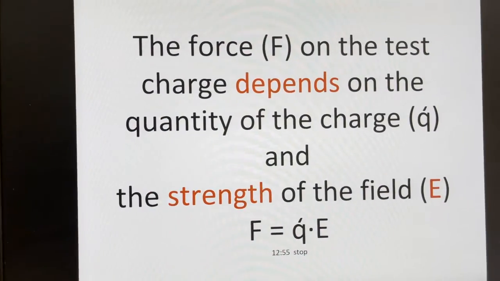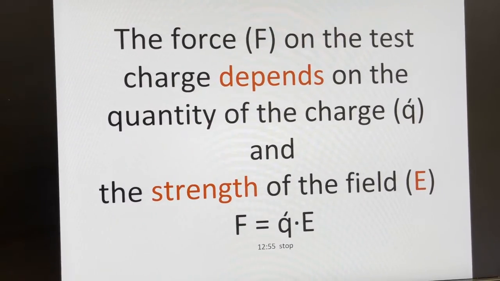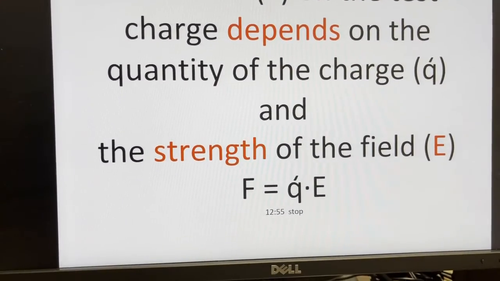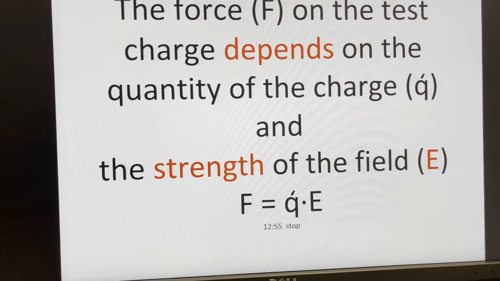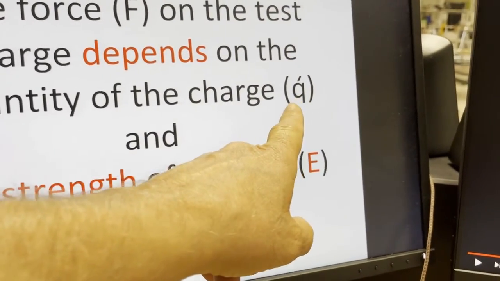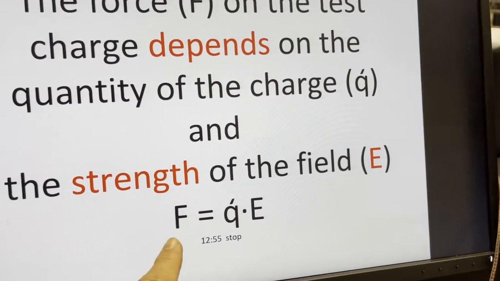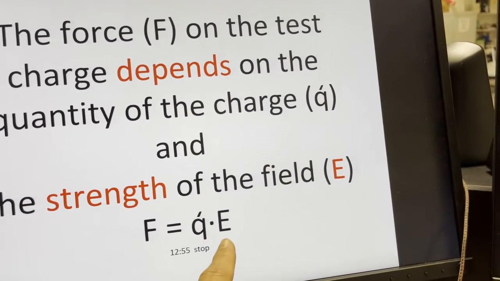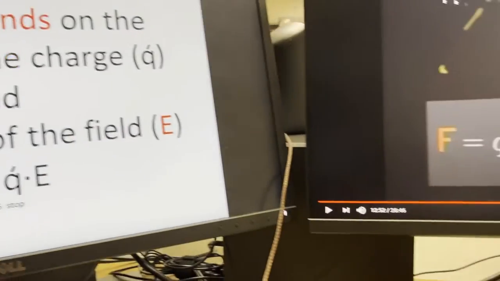The force on the test charge depends on the quantity of charge and the strength of the electric field. So how much charge you got on the test charge and the force that it experiences gives us the electric field. How could we solve this for E? Oh, I know how to do that.